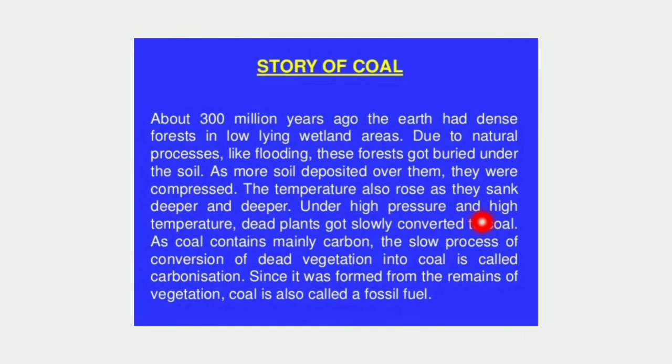Under high pressure and high temperature, dead plants got slowly converted to coal. As coal contains mainly carbon, the slow process of conversion of dead vegetation into coal is also called carbonization. Since it was formed from the remains of vegetation, coal is also called a fossil fuel.